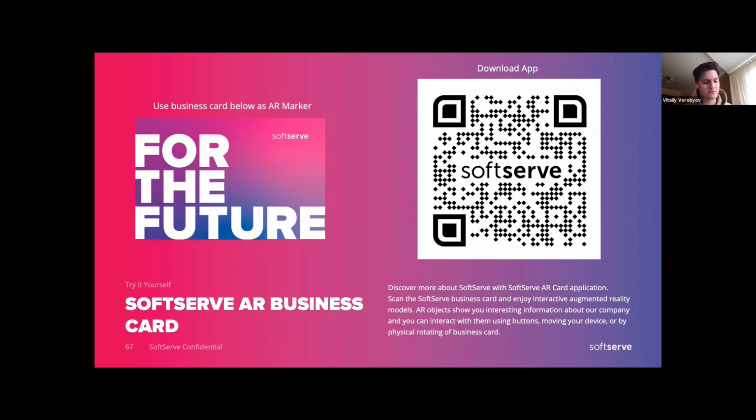There are two possibilities to download it: from Play Market for Android devices or App Store for iPhones. And then you can try to use this application on the business card, which is on the left side of the presentation, and get some immersive augmented reality experience about our company.